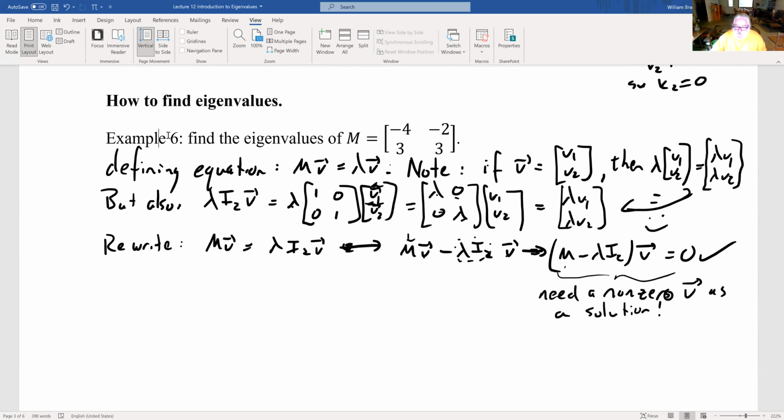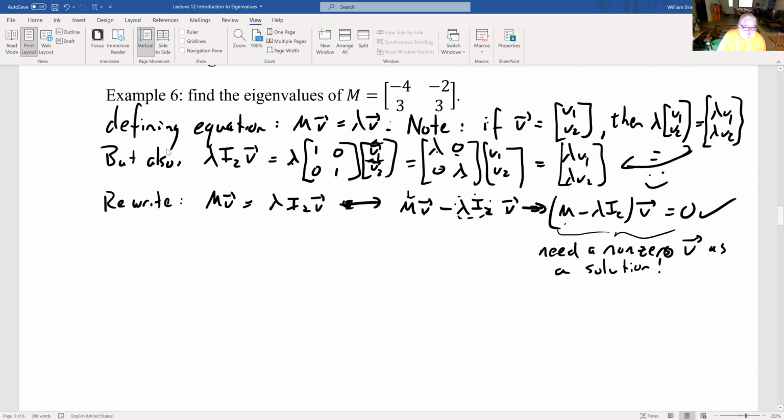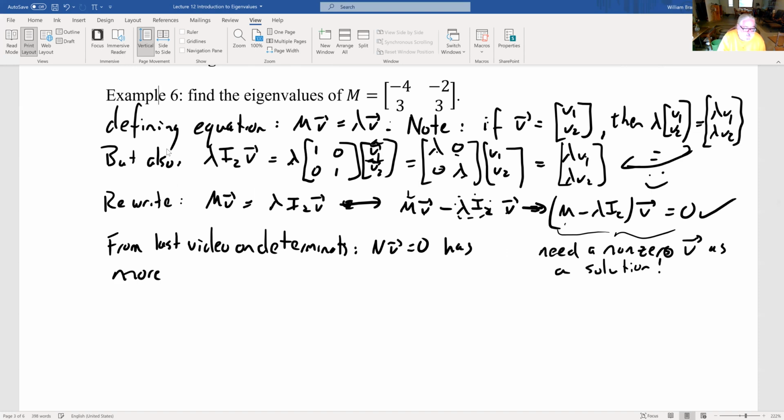What we saw from the last video is that for a matrix, I've already used M, so I'll use a different letter, N, NV equals 0 has more than one solution only when the determinant of N is equal to 0.